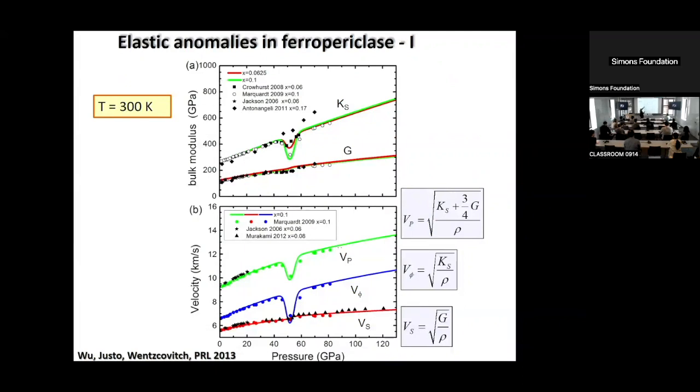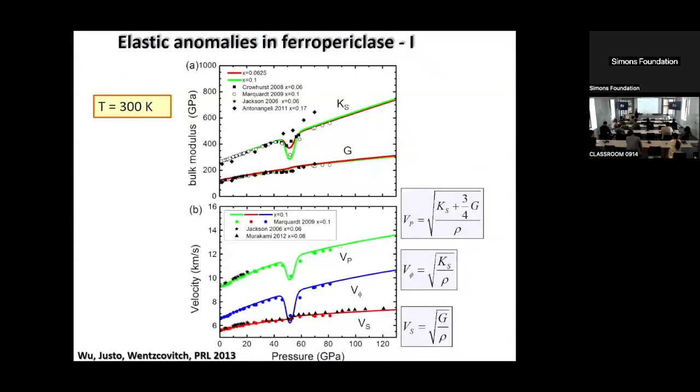So we have some agreement with the experiment here because, of course, in order to analyze the mantle, you need to have as much agreement as you can, right? So we just shifted the static enthalpy by a value of 0.2 electron volts per iron in order to get the right transition pressure.